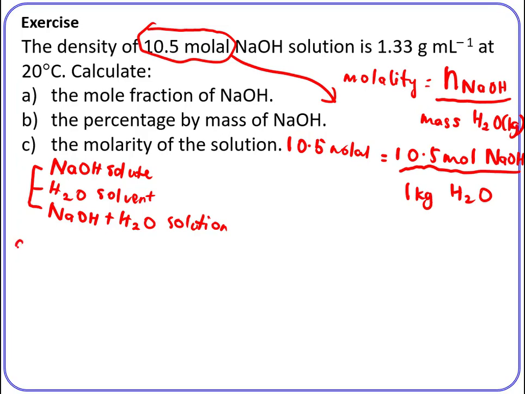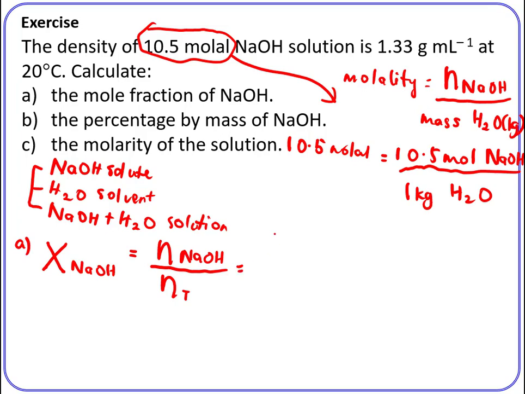The question A is asking you to calculate the mole fraction of NaOH. What is the symbol of mole fraction? It is capital X. X NaOH, which is equal to the mole number of NaOH divided by mole total.